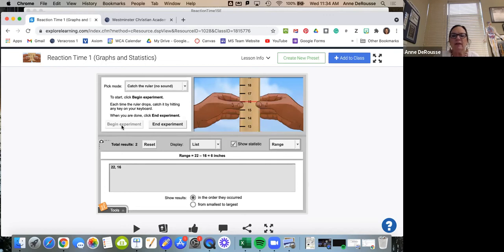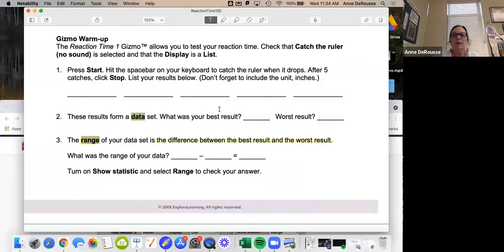So you can see my results are showing up down here. Not doing very great. You're going to do this 5 times and then end experiment. And you're going to write down your results on these lines.